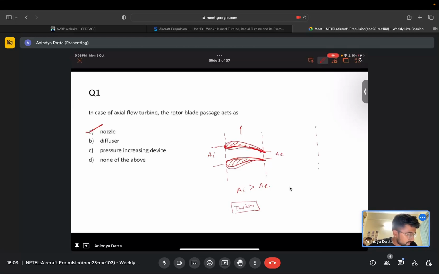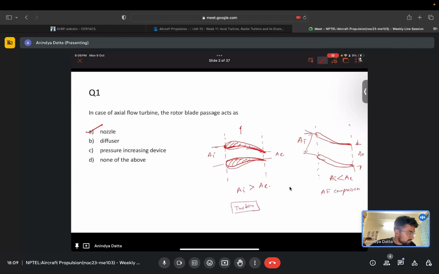For the axial flow compressor case, which I discussed last week as well, we'll generally see that the flow area, this is AI and this is AE, so AI is less than AE.